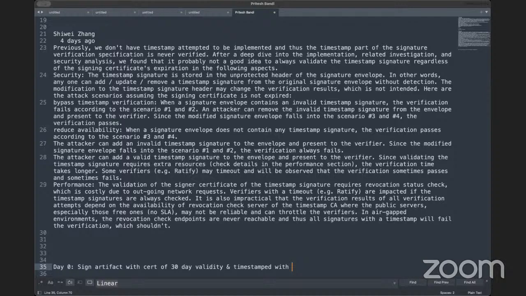So why not have an additional field in the trust policy saying you can turn on always checking the timestamp signature to true, then we'll always check. But if it's not set, then we have the default behavior that it will not always check.